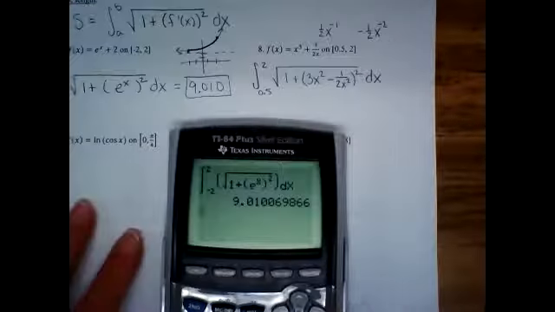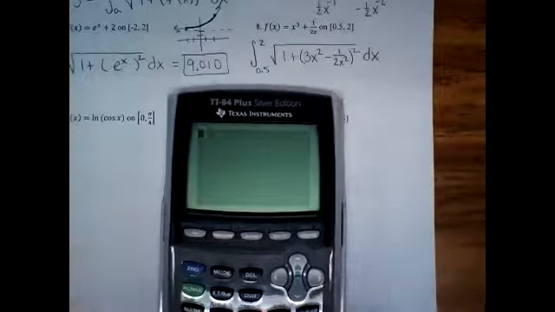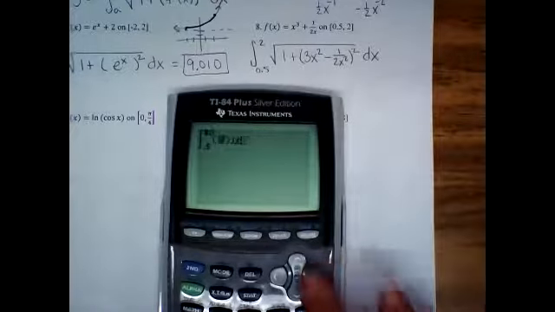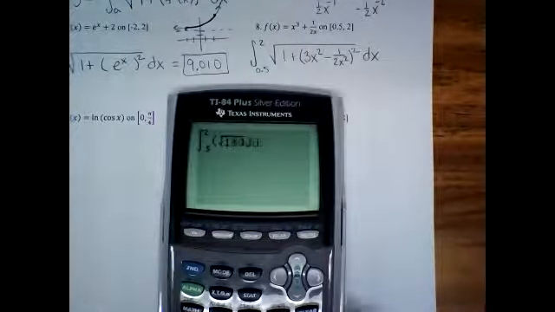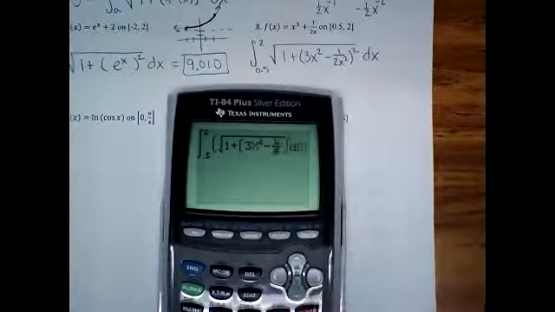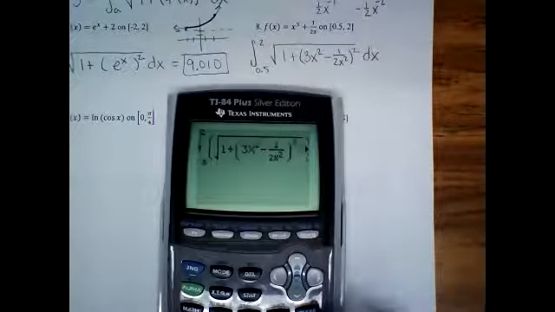All right, go ahead and type it in. Be really careful with the parentheses. You definitely need the parentheses on this one. And do you guys all know how to do the alpha y equals and get the fraction bar?